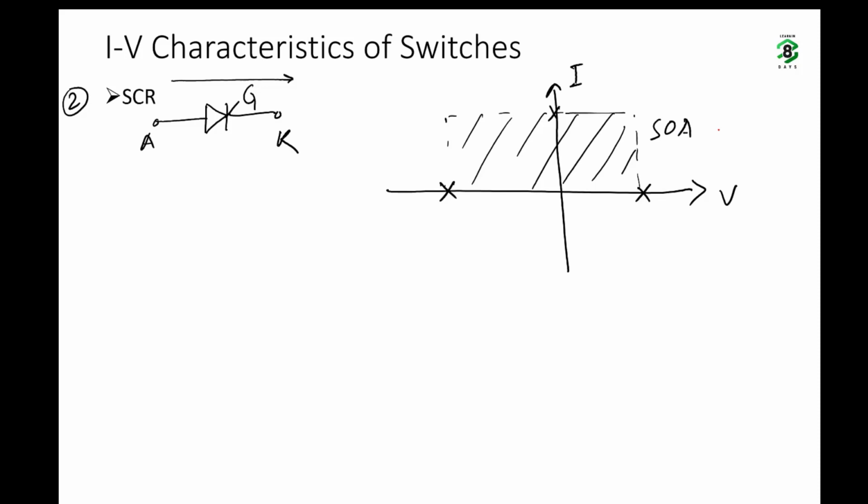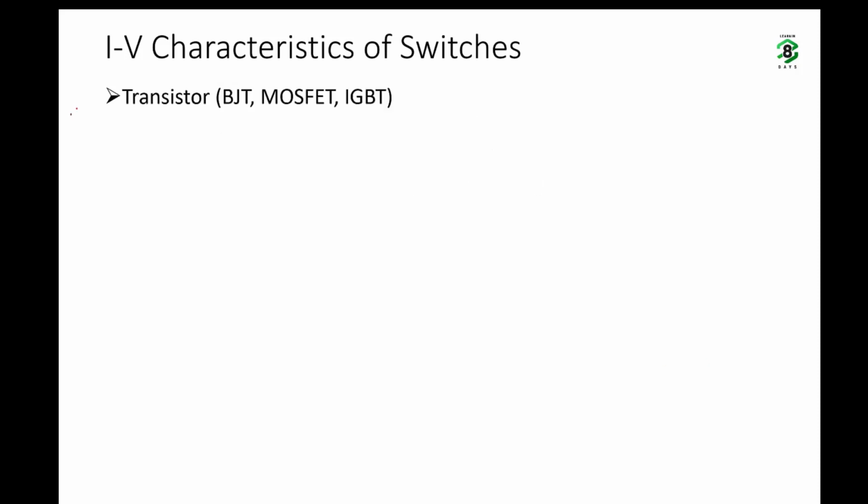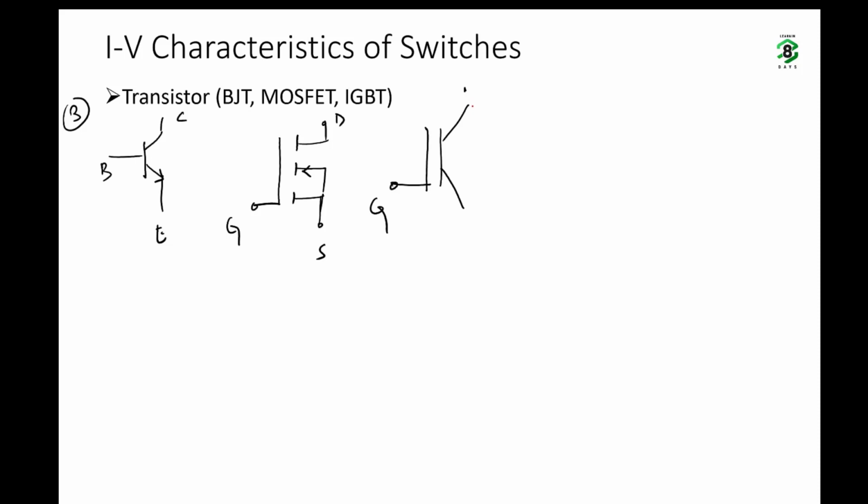Okay, next, this is transistor. This is collector. This is VGT. Drain, gate, collector, emitter. In this type of switches, the behavior and characteristics are the same.